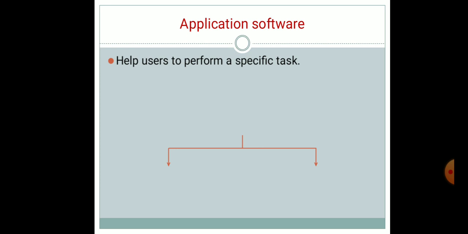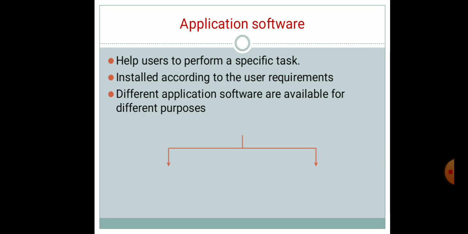A particular program is used for a specific task. It is installed on the computer according to the user requirements. There are different application softwares for different purposes. We have many application softwares available in the market.